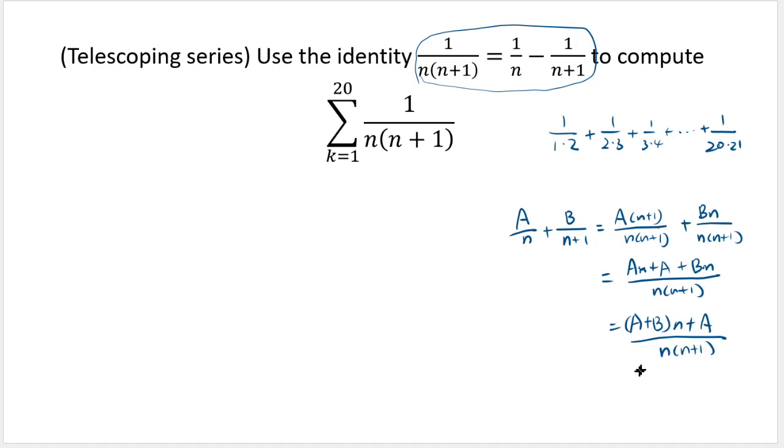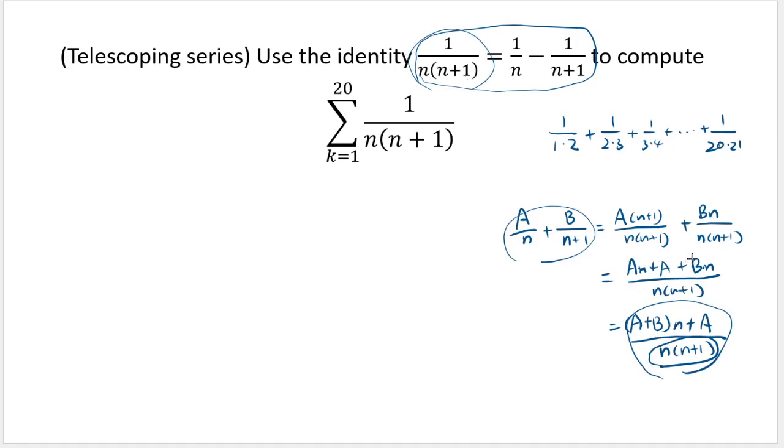So a person who was very experienced in a lot of calculations noticed that you do get n times n plus 1 in the denominator if you added something like this. So the next question is, well, can there be some a and b values so that this thing just looks exactly like this one?